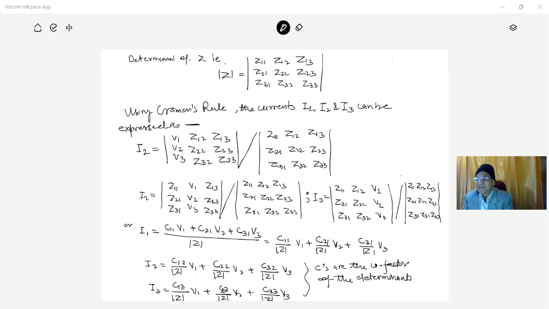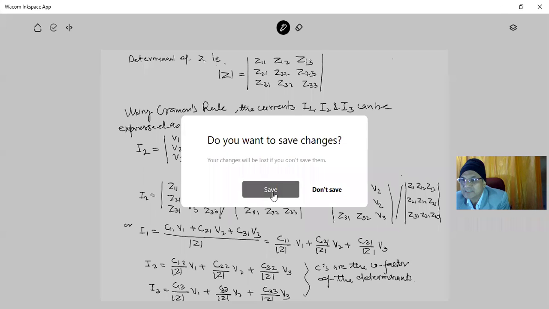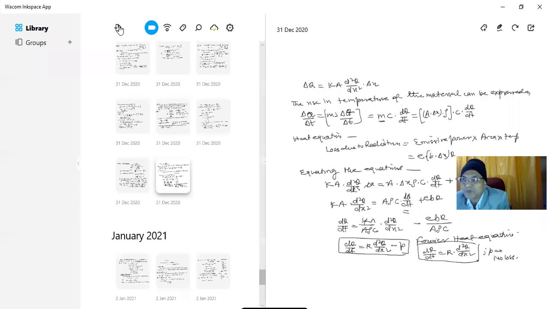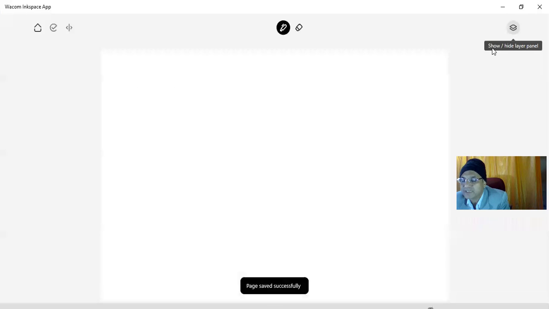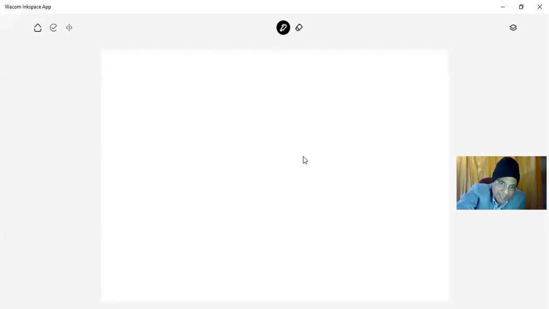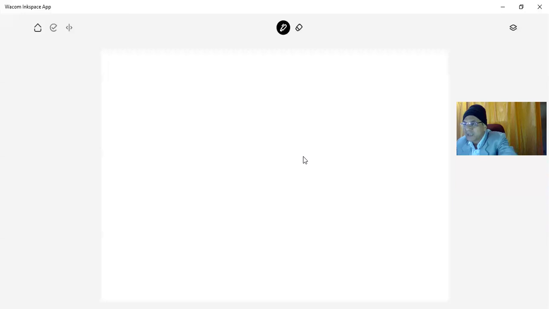We can increase the matrix order if there is a need. So this is Cramer's rule, and this is Kirchhoff's law, which is very important and used frequently. Now, to see how simple this law is, we can take examples. When we solve them, the things will be more clear.